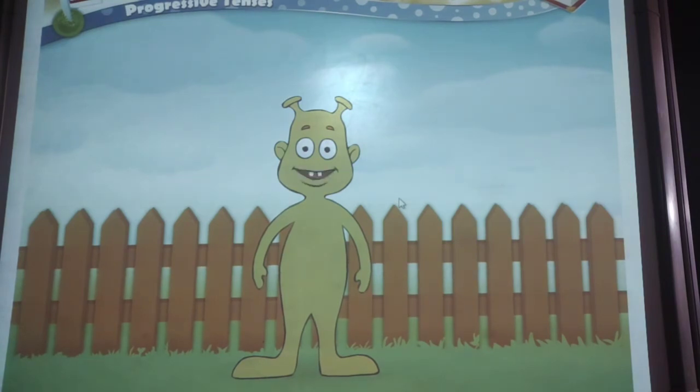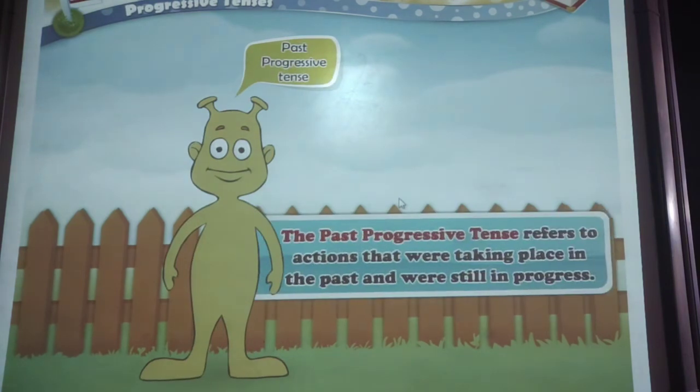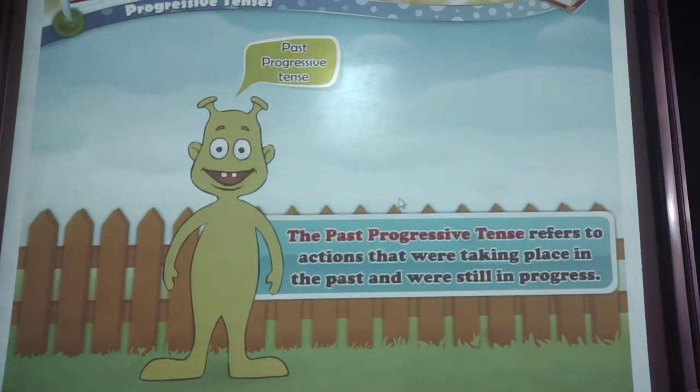And now it's my turn. The past progressive tense. The past progressive tense refers to actions that were taking place in the past and were still in progress. The sentence structure used is as follows. Subject, verb, base verb plus ing, object.